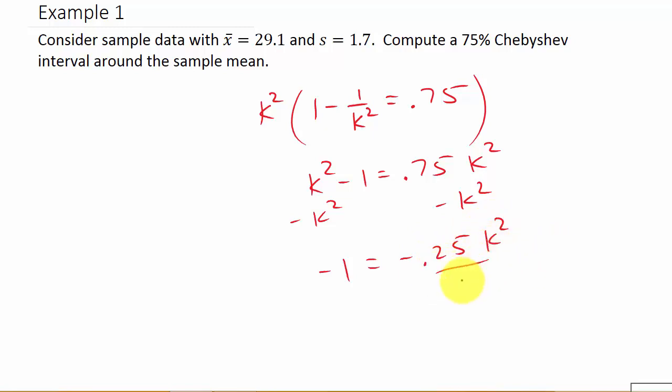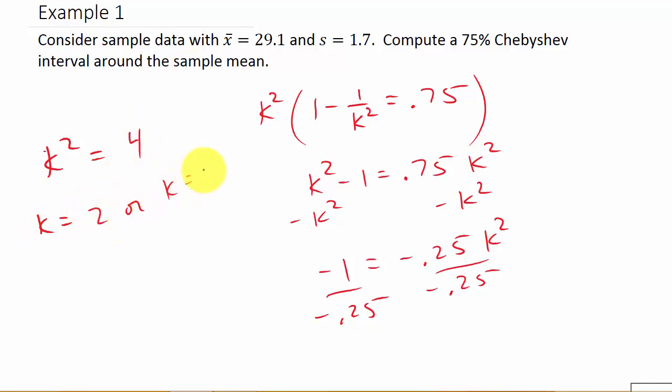Then I divide everything by negative 0.25, which gives me k squared equal to negative 1 over negative 0.25, and that equals 4. So k is, by the square root property, 2 or negative 2. Well, we know it's the positive one, since we're talking about standard deviations. And so now you can see what k is.